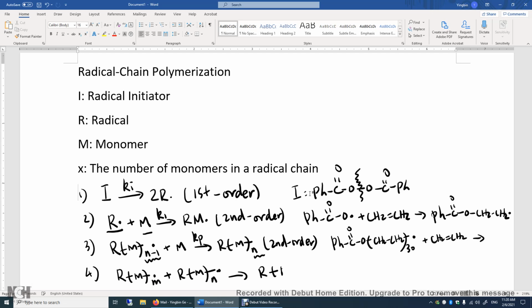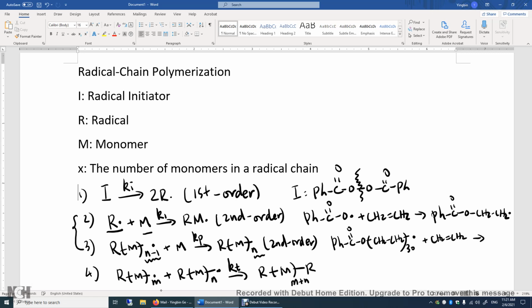And then we have the monomers, actually M plus N monomers in this product. This is called termination because we're going to terminate the chain reaction initiated by the radicals. So I'm going to use k sub T here. And then we're going to analyze the kinetics of this mechanism.